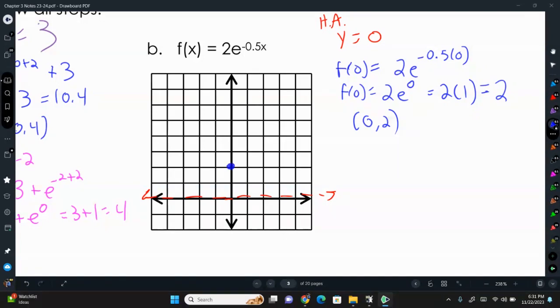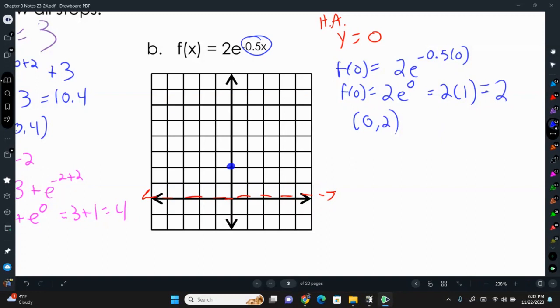And now we need to figure out another number to substitute in for x that gives us a nice number. Now we can't plug in 0 for x to try to make this exponent equal 0, because then we would get the y-intercept again. So let's try to make that 1.